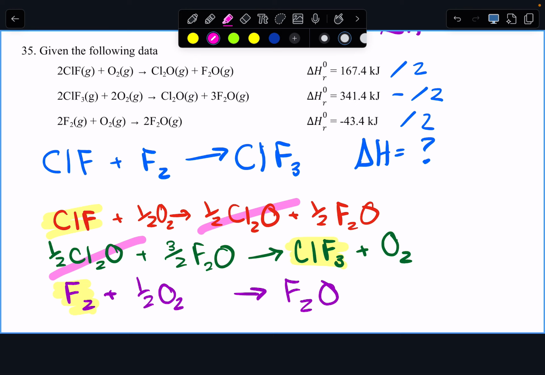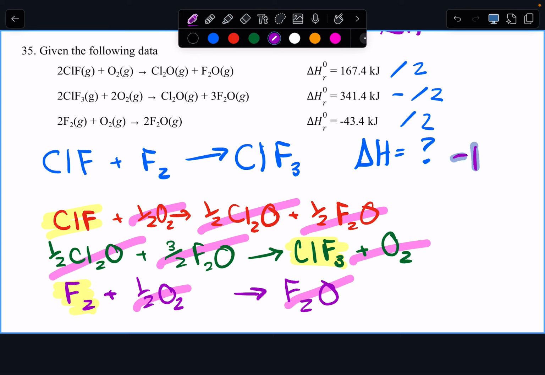You're left with your, now wait, why, oh, there's the oxygen. The oxygens, these two cancel out with that one. And then these 2 F2Os cancel out with that one. Does anybody have the value? I got -110.05. Anybody else want to second that?